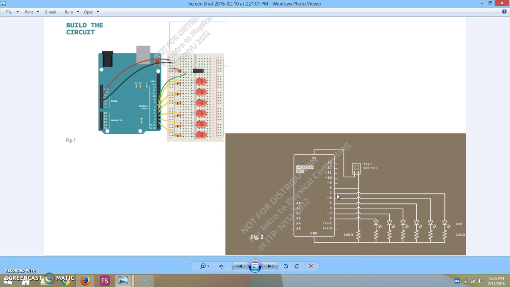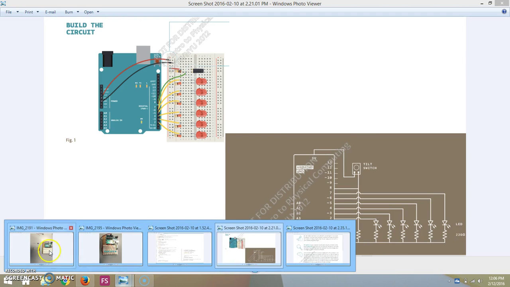The rest are pins that are connected to the LEDs to write out the output for each loop. After one interval, the LEDs would turn on. Here represents the LED, and for the LEDs we used 220 ohm resistors to ground.